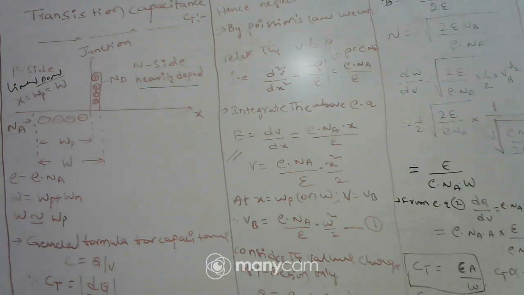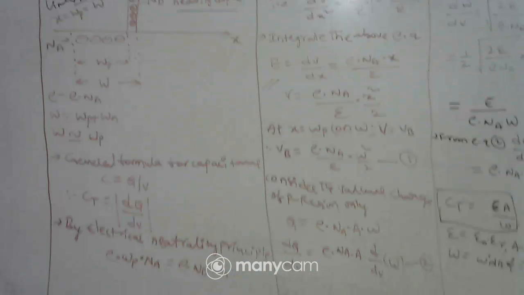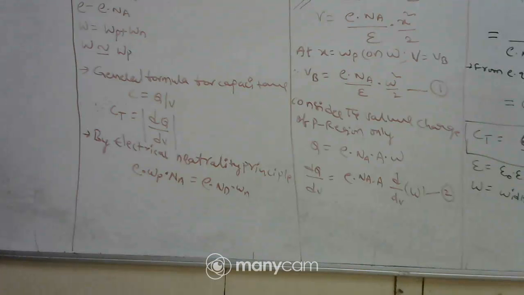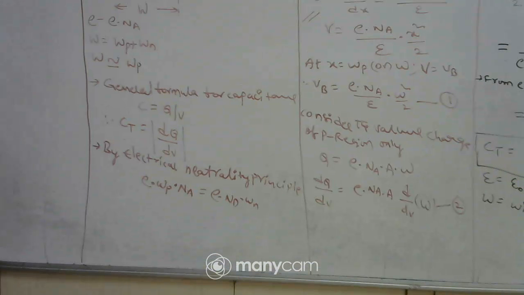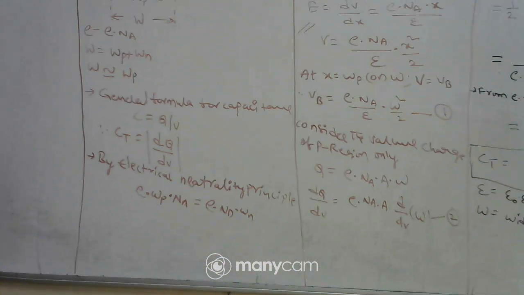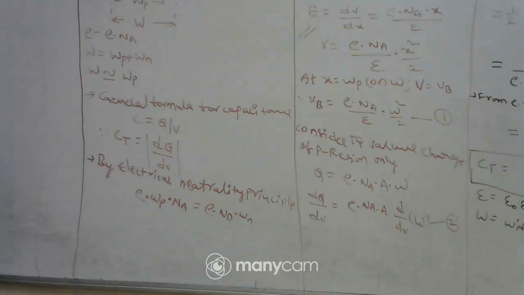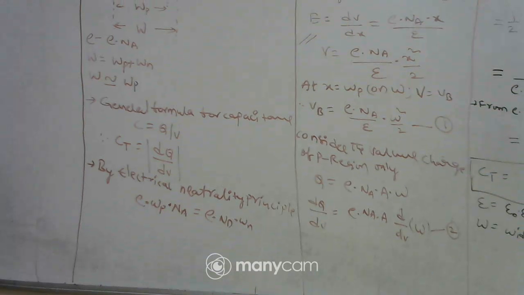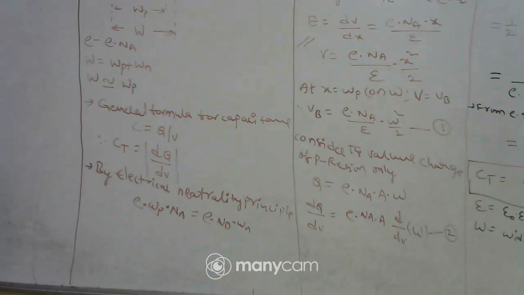So we can write the neutrality principle equation: resistivity and acceptor ions times width of P region equal resistivity and donor ions times width of N region.